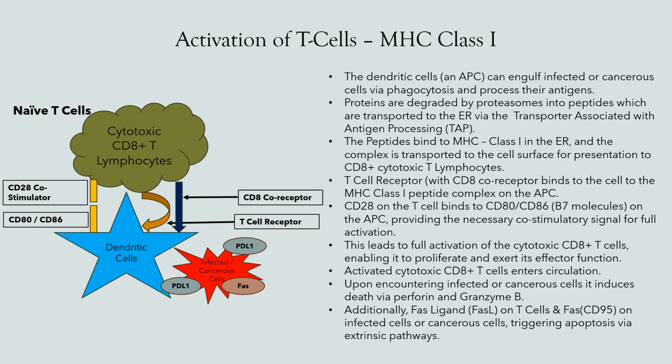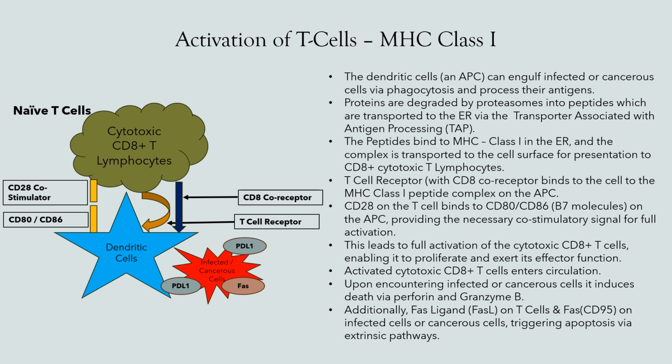In this particular case, we have the dendritic cells, and they can engulf the infected or cancerous cells via phagocytosis, and then process their antigens. The proteins within the infected cells are degraded by proteasomes, enzymes basically, into peptides, and then the peptides are transported to the endoplasmic reticulum via the transporter associated with antigen processing.